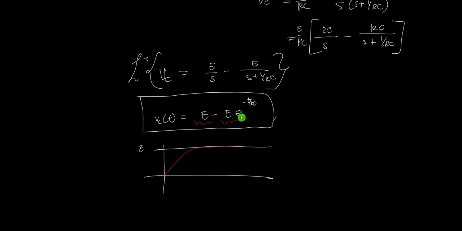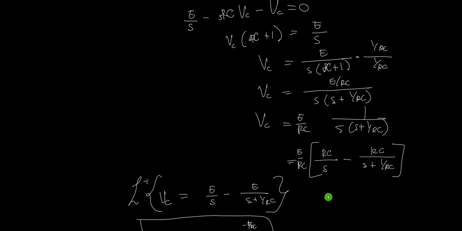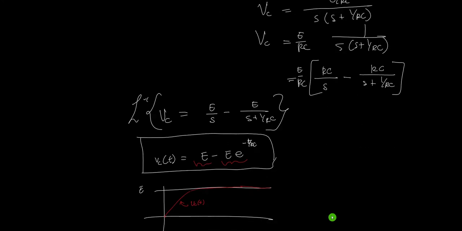This part here will be the exponential part, and this will be the steady state part, which will be equal to E. This will become 0 when t approaches infinity, and the only value that remains in the voltage Vc will be equal to E. Okay, so these are the different first order responses. We have three here: the unit impulse, unit step, and the unit ramp.